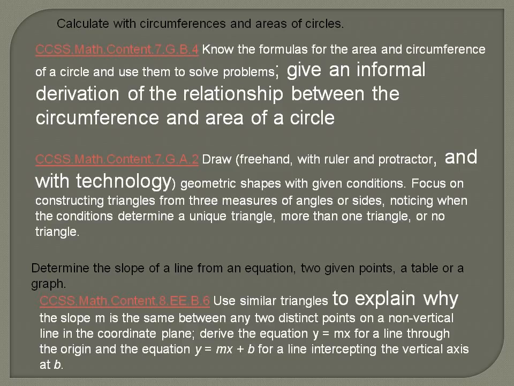And that could be covered through a discussion, teacher-led lesson. However, when you look at a Common Core standard that correlates with that one, it says: know the formulas for the area and circumference of a circle and use them to solve problems. That is very comparable to the state standard. But when you look at what is added on to the end, it's changing quite a bit, where the students are having to become more involved in the standard.